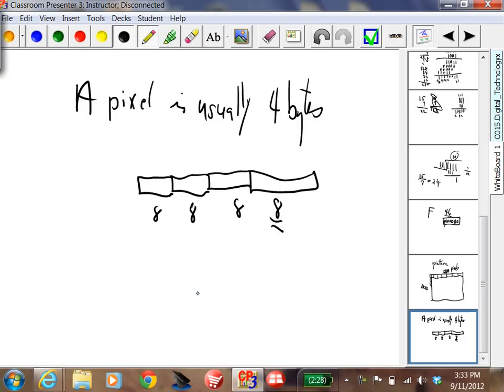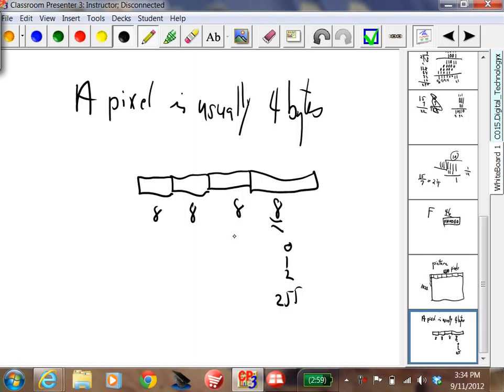This is 8 bits, okay? How many states can that be? How many states are there in 8 bits? How many different things can you store in 8 bits? 256. It's 2 to the 8th power. You can store, say, the numbers 0, 1, 2, up to 255.